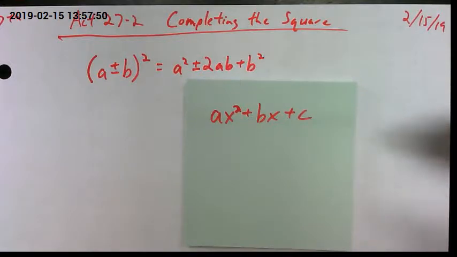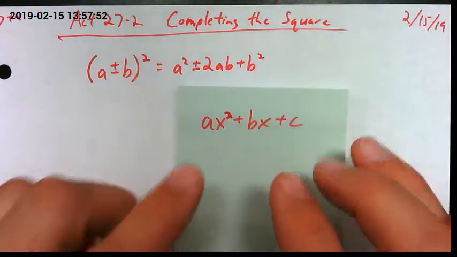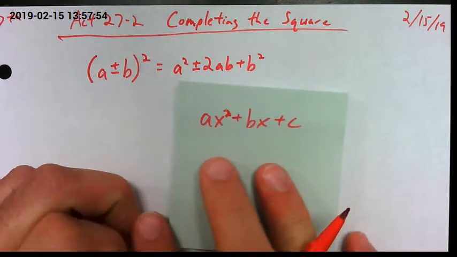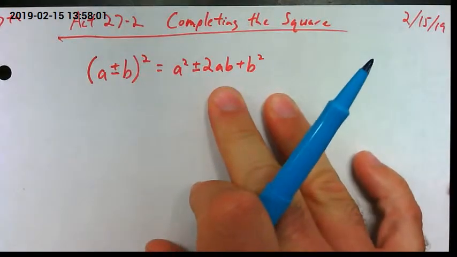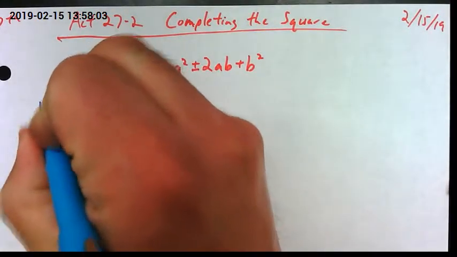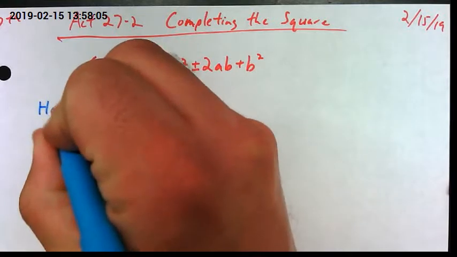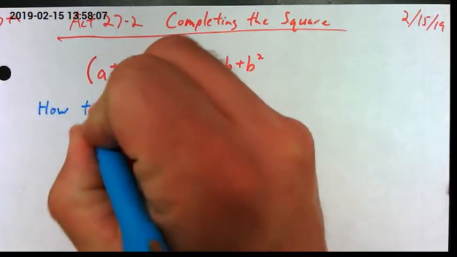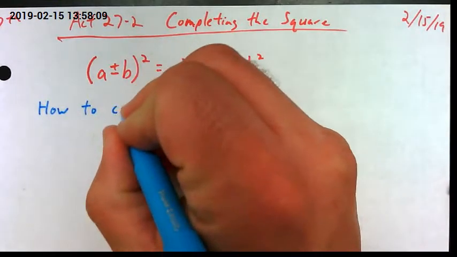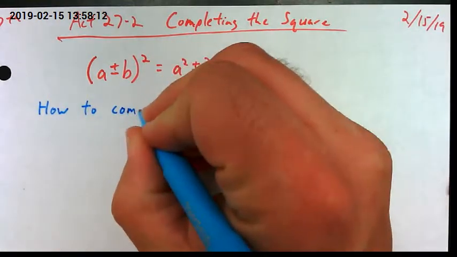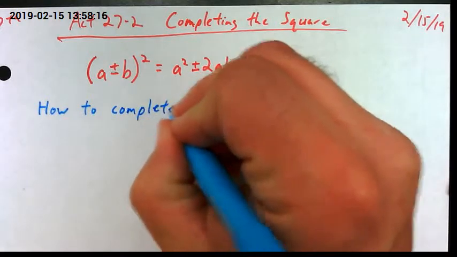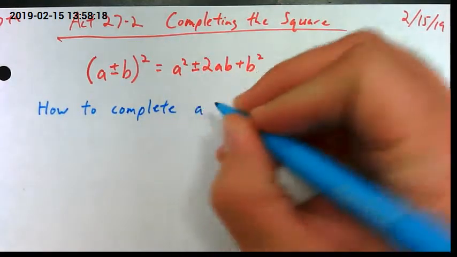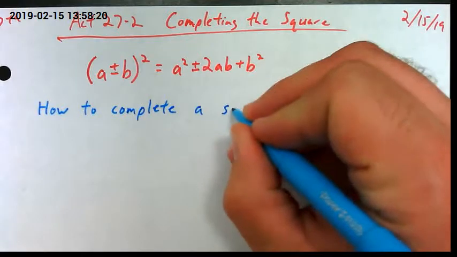All right. Now, when are we actually going to use completing the square, or how do we complete the square? So again, this is just a basic concept that you should be familiar with. Now I'm going to go over the steps on how to complete a square. And in your Springboard book, they actually list out some good steps for completing the square. So if you want to take a look at page 396, you could look at this as we do this next part, because your Springboard book lists out the steps as words.